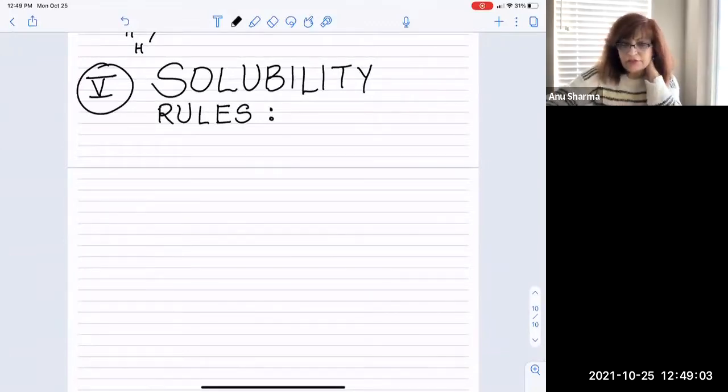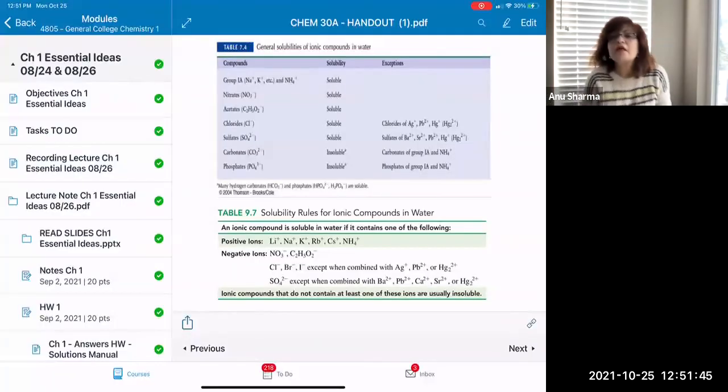Now let me get this information from the handout. Just give me 1 minute. Okay, so as you can see in your handout on page 10 are the solubility rules. This is in table 7.4 and table 9.7. They're more or less the same, but I like to use the solubility rules that are related to the anions. It's easier, because there are fewer anions anyway.